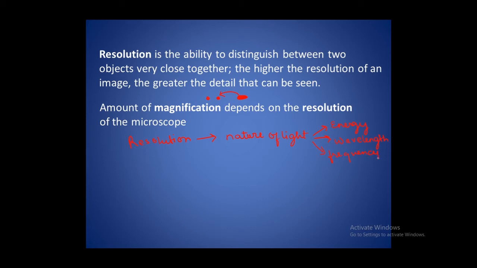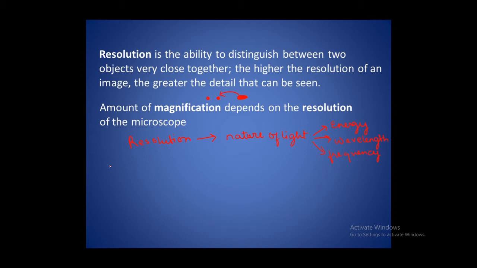I'm not going much into detail in physics, but what we are really concerned about here are the energy, wavelength and frequency. If we are talking about the light microscope, in the light microscope we are using light waves ranging from 400 nanometer to 700 nanometer.